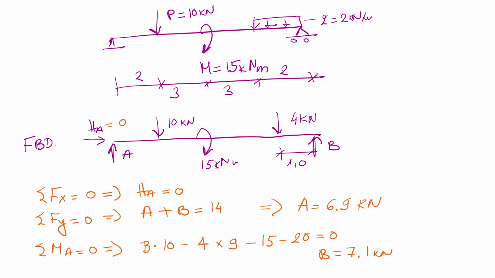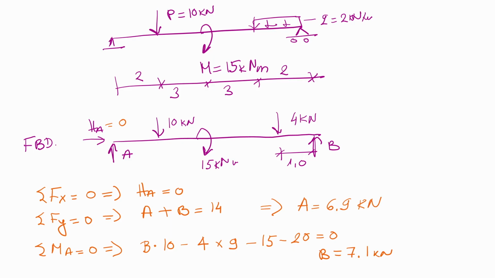Then we have sum of forces in y direction equal to 0. We have A plus B minus 10 minus 4, which in this case means A plus B is equal to 14. And you could pick sum of moment at point A or point B equal to 0. I did sum of moment at point A equal to 0.